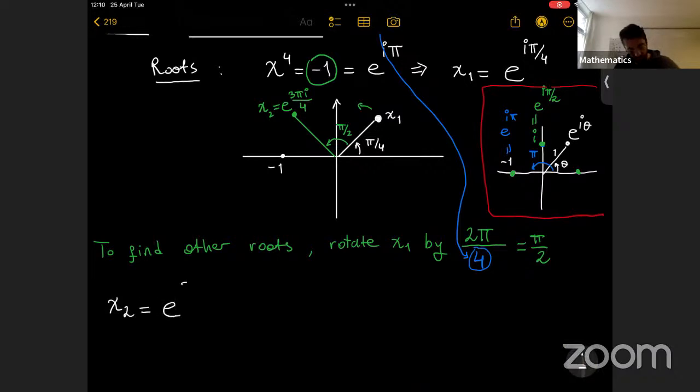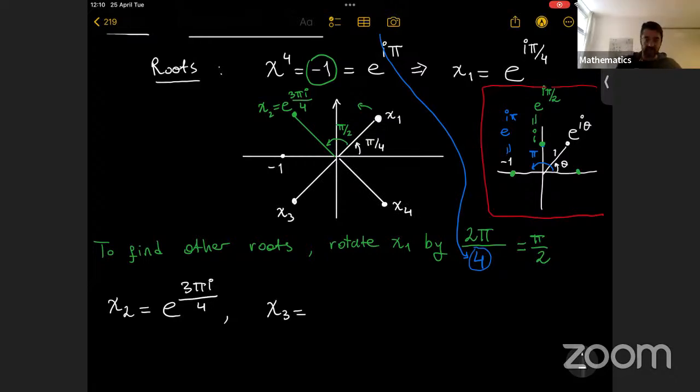e to the 3 pi i over 4. Lambda 3 will be here. This is lambda 3. And lambda 4 will be here.